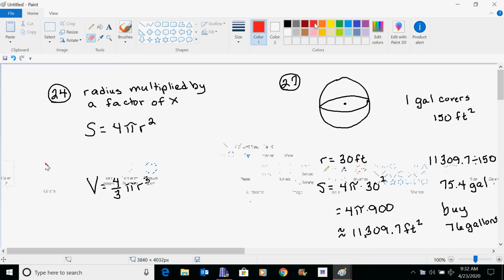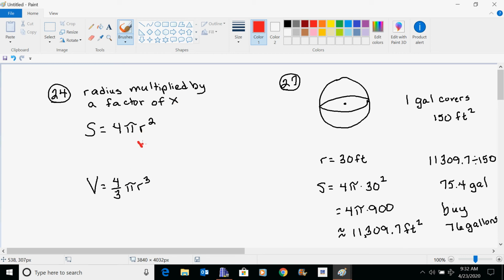So what we need to keep in mind here is what you're actually doing is you're taking this x value and you're putting it in here with the r value. So you have xr, and that's the part that gets squared then. So we still have our 4 and our pi and our xr squared.